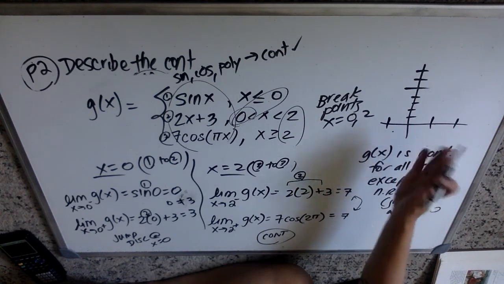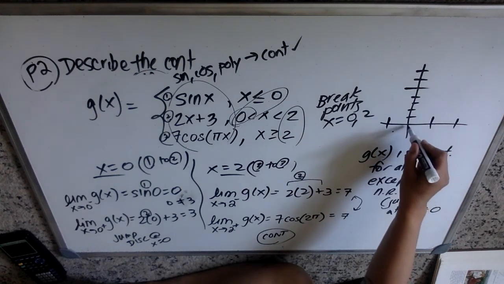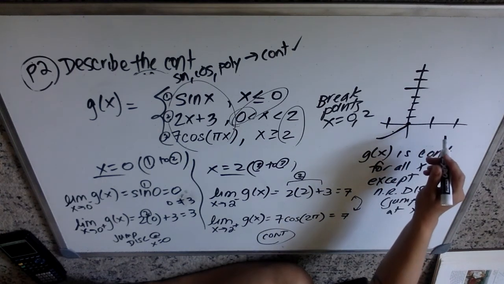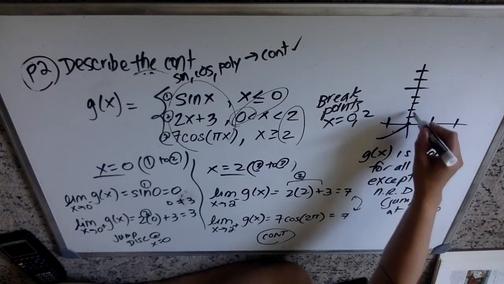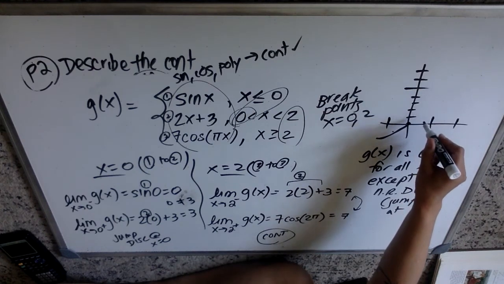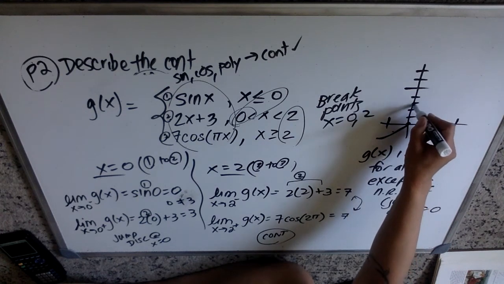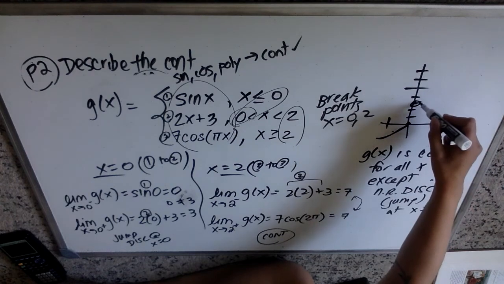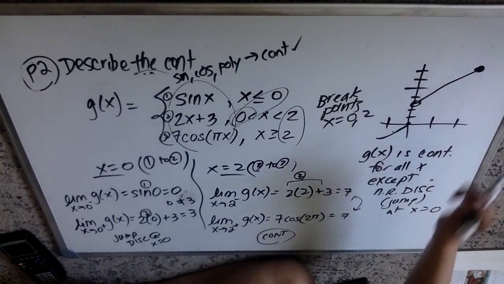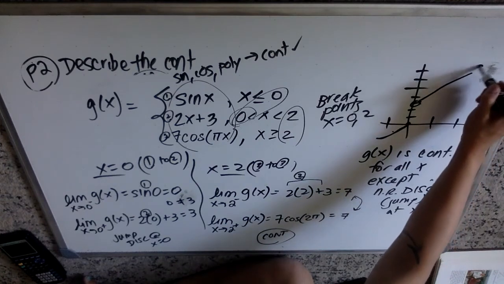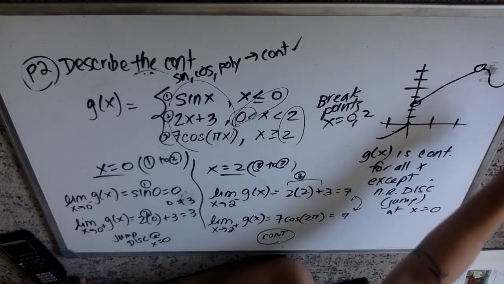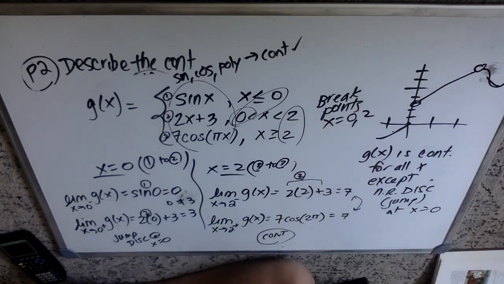And then this piece is going to start at 3 with an open circle and go kind of like this, and sorry, it's also an open circle. And then the cosine is going to pick up and kind of go like this, like forever, up and down, and it's a terrible graph, but you get the gist.